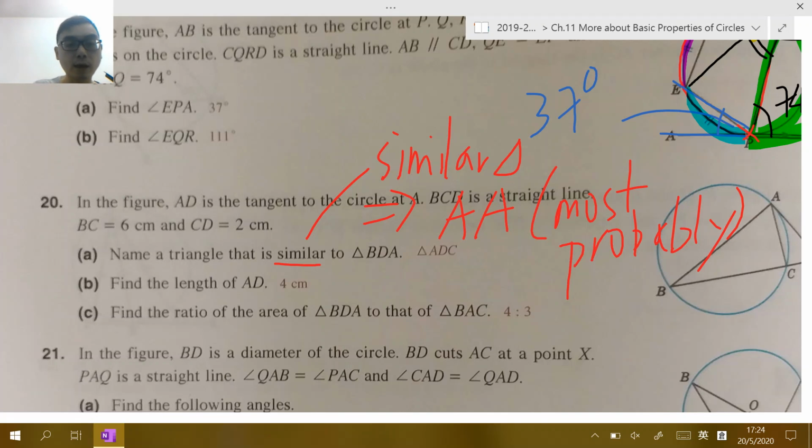Sometimes you can also use the common angle, because it may not be easy to find two pairs of equal angles from the information given, but it is often easy to find a pair of common angles. So you use one pair of common angle and then find the second pair using the information. Then I think you can finish this problem. These hints can help you do your work. Thank you and goodbye.